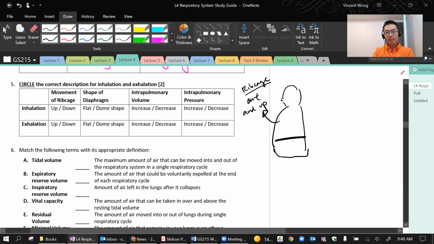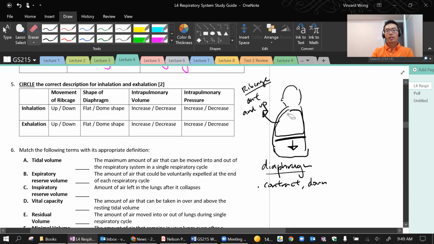This is your diaphragm. The diaphragm is going to contract and then move down. So collectively, it will pull the lungs with it because of the pleura, because of the fluid that we talked about.